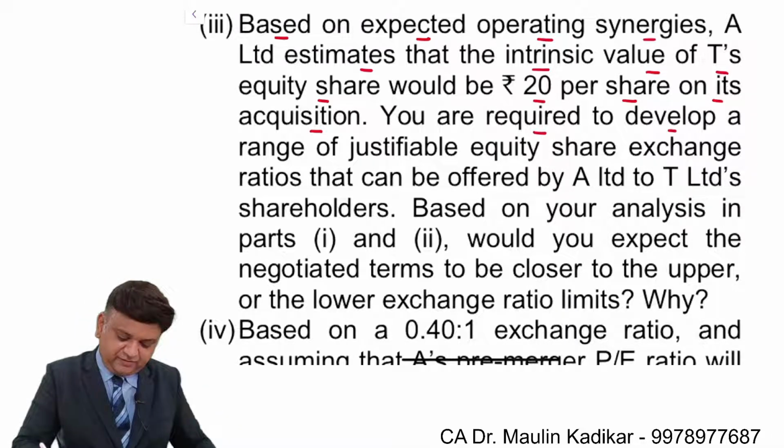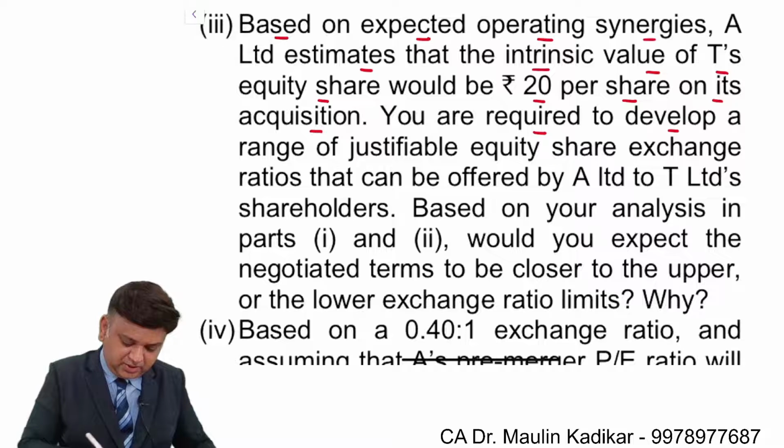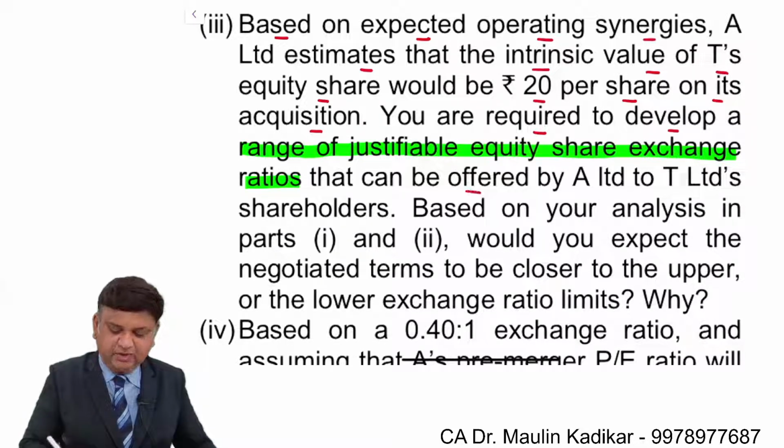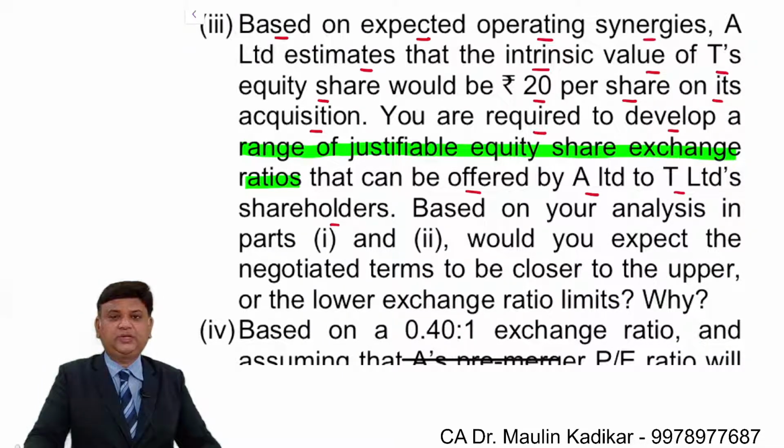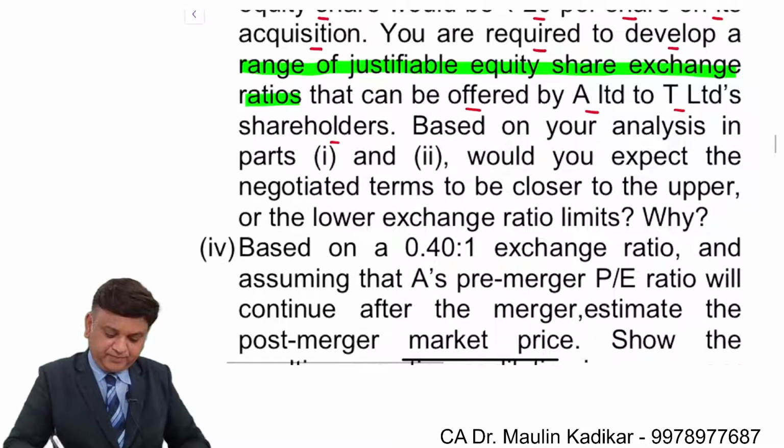You are required to develop the range of justifiable equity share exchange ratios that can be offered by A Limited to T Limited shareholders. So we are required to compute what is the range of the exchange ratio that can be offered by A Limited to T Limited shareholders.